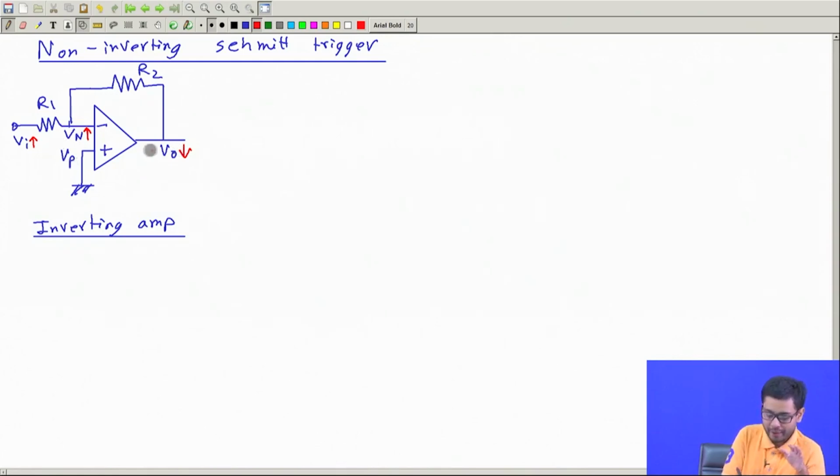So the op amp will increase its output until Vn is again brought back to the same value as Vp, which is 0 volt. Okay, so I'm not writing these details which I did for the previous one due to lack of time. You do it yourself.